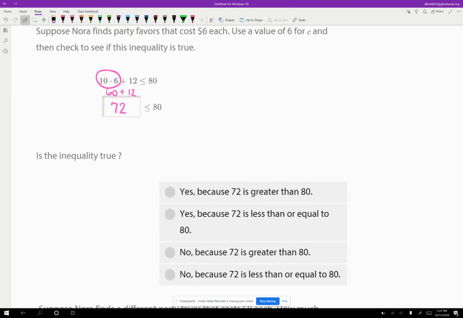So now I want you to answer, does that work? Is that inequality true? And here are your choices. And our answer is B. $76 on party favors works because 72 is in fact less than or equal to 80.